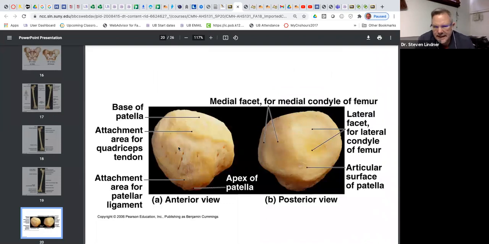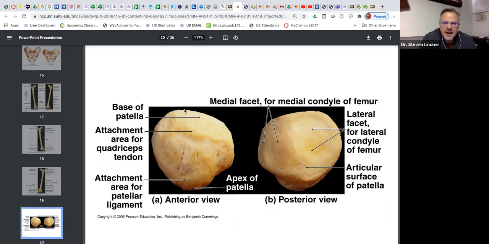Difference between the anterior patella and the posterior. The posterior is the articulating surface with the femur. The anterior side is rougher. It's not as shiny and smooth as the back. The reason why the front or anterior aspect is rougher, because there's going to be muscles and tendons that attach there, especially the quadricep muscles.